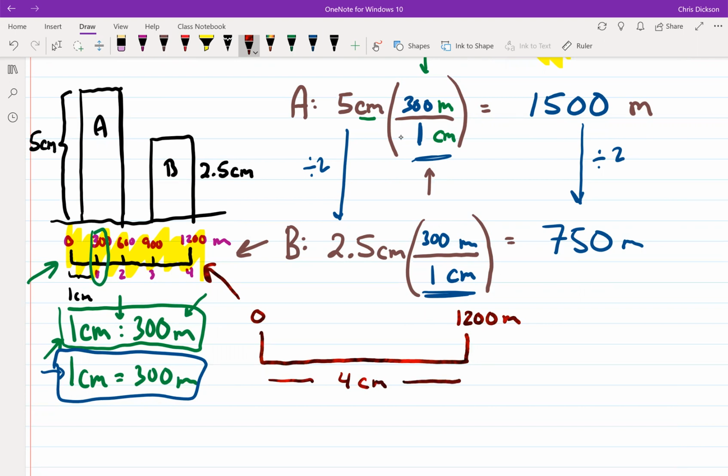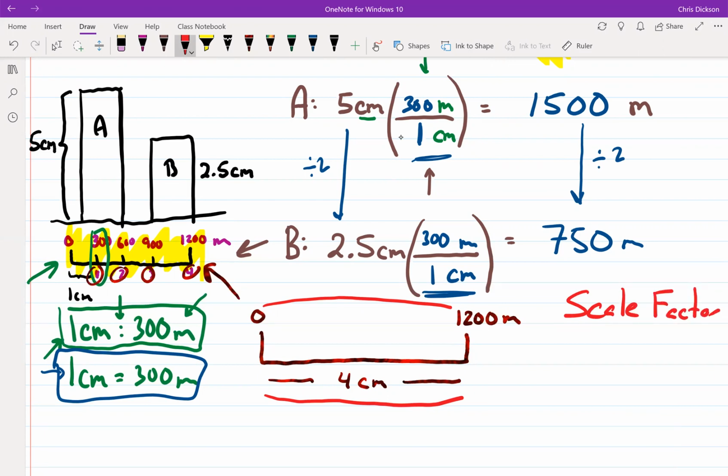So instead of me giving you these numbers, or maybe you're looking at a map and they say to you, this distance here represents 1,200 meters, just like it did in the other diagram, but they don't give you the 1 centimeter increments. They just say that this entire distance is 4 centimeters. So the question is, how do you get the scale factor from that kind of information?